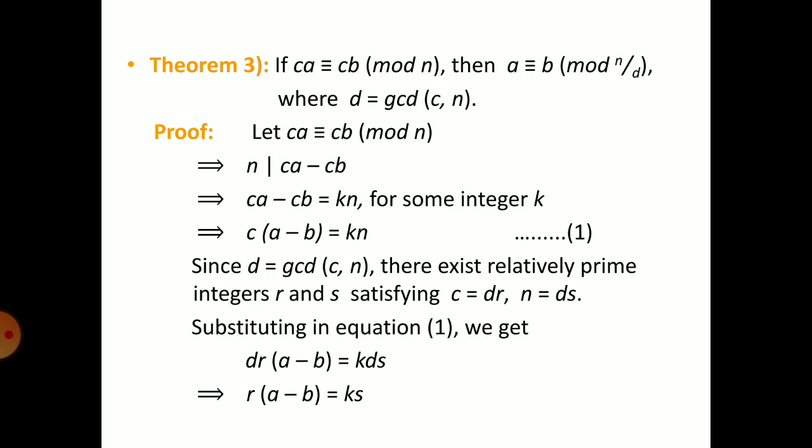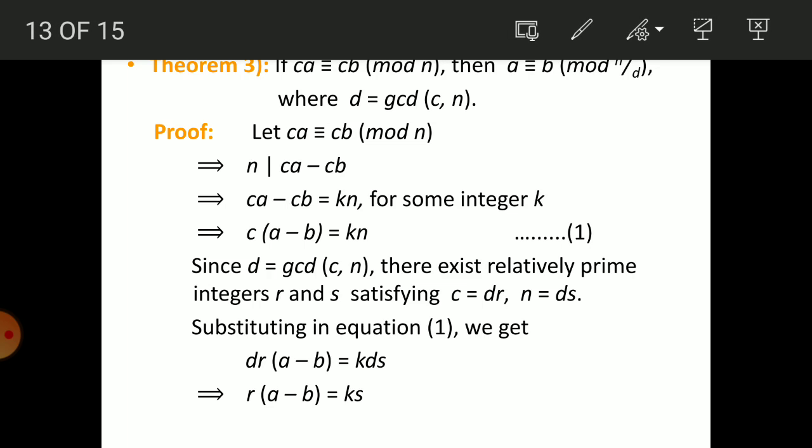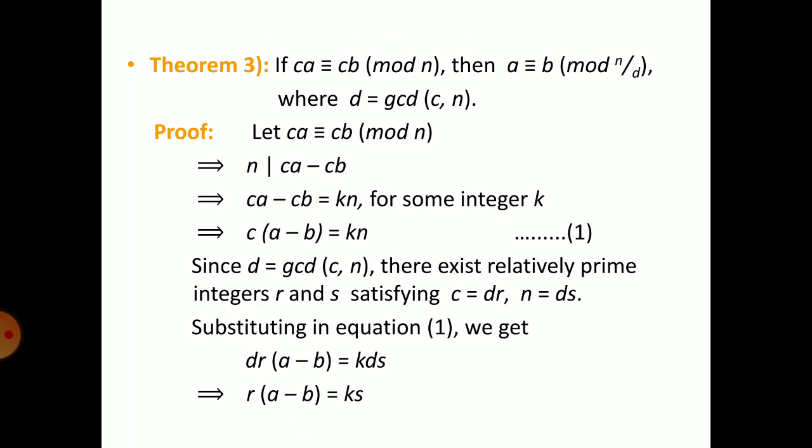On the left side the value of C is dr, and on the right side the value of n is ds. Substituting values, we get dr(A minus B) equals K ds. Observe that on both sides there is a D, cancelling D on both sides. This implies that R times (A minus B) equals K s.